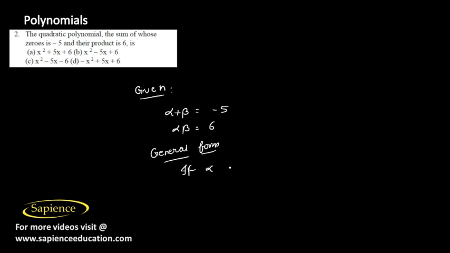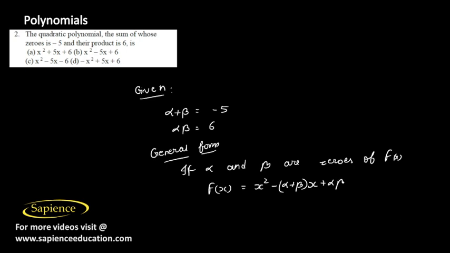If alpha and beta are zeros of f of x, then f of x will be equal to x square minus (alpha plus beta) x plus alpha beta.